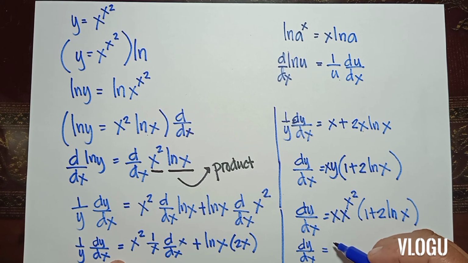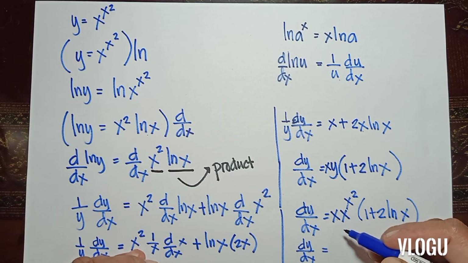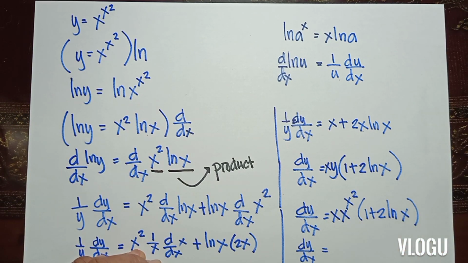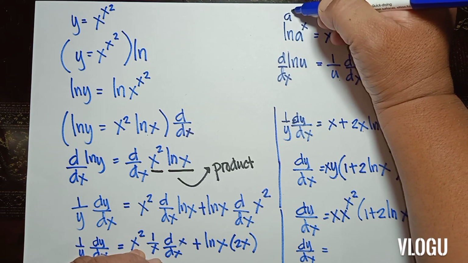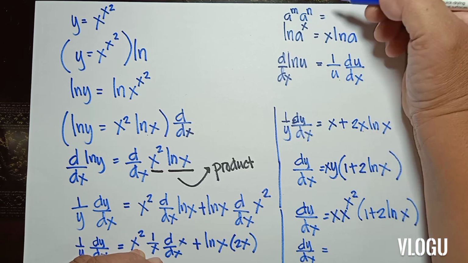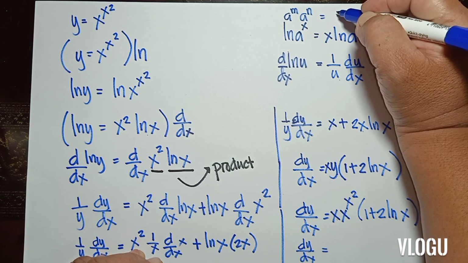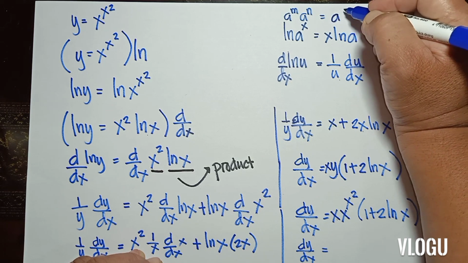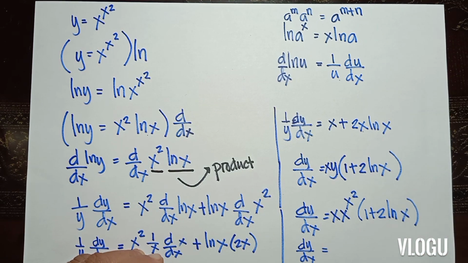So if you have the same base, different exponent, from our algebra, you are going to add the exponents, a to the m times a to the n equals a to the m plus n.